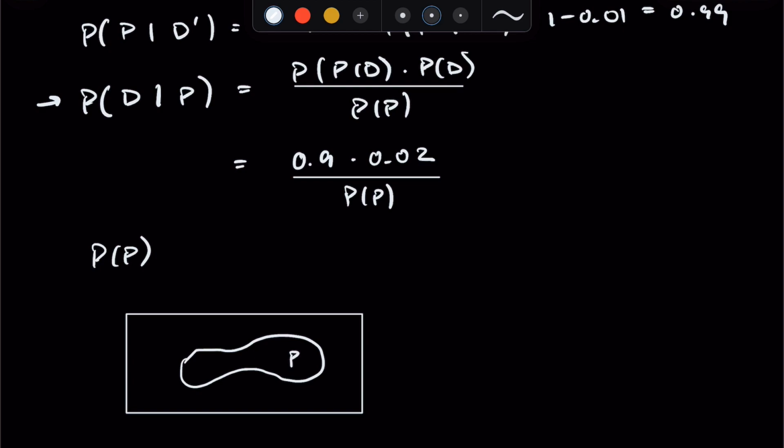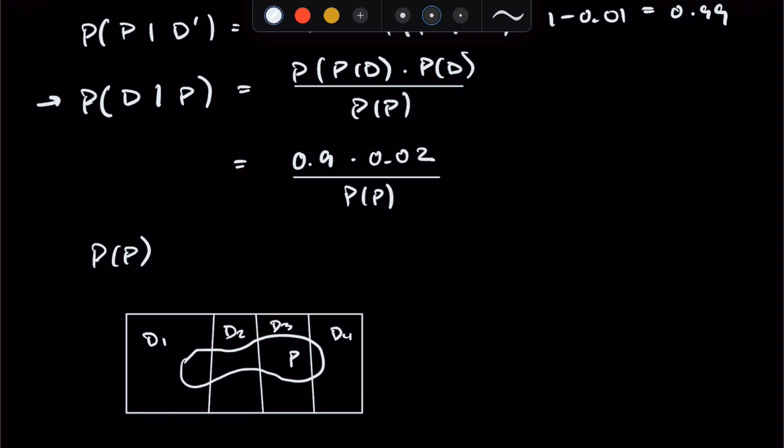And let's also say that P is stratified by different subsets of D. So we'll say this is just a hypothetical. We'll say this is D1, this is D2, D3, D4.